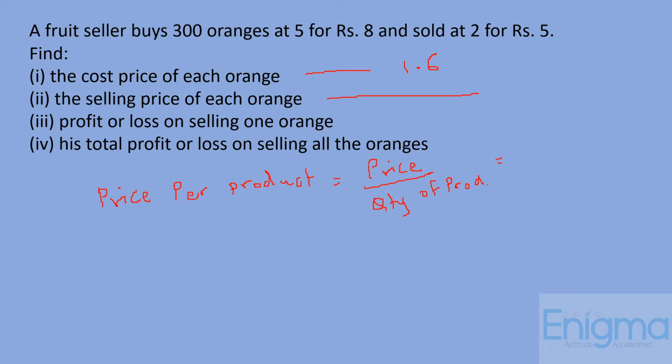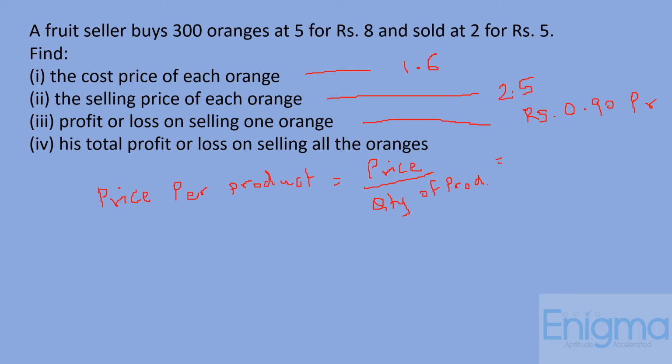Selling price will be 5 upon 2, or you can say it is 2.5, correct. Now profit or loss on selling one orange. Okay, 9 by 10. That means we can say that 90 पैसे profit है per orange, या फिर rupees 0.90, या फिर as Ajay and Yogesh have written 9 by 10 or 0.9. So इतना profit हो रहा है.